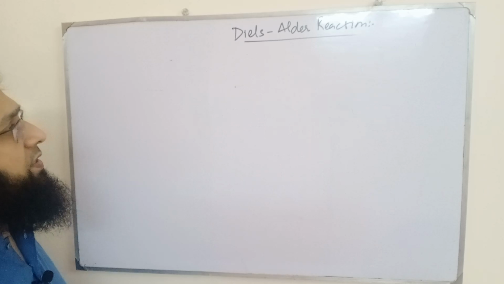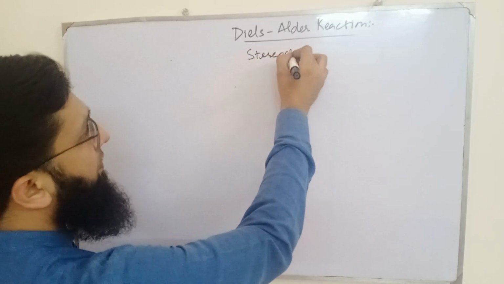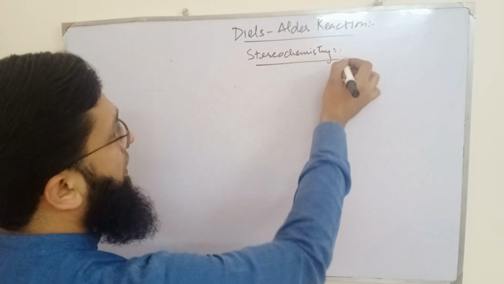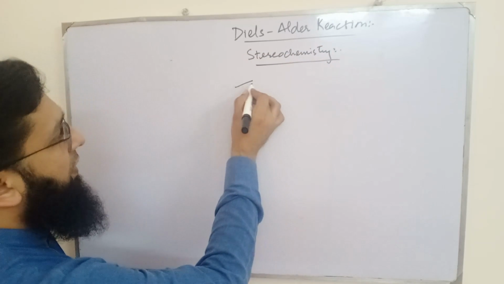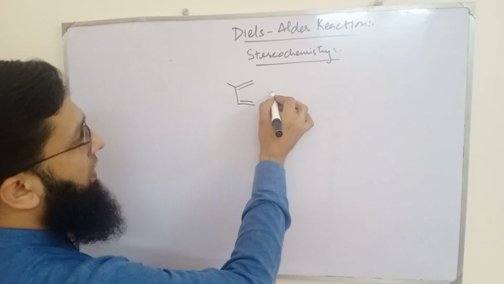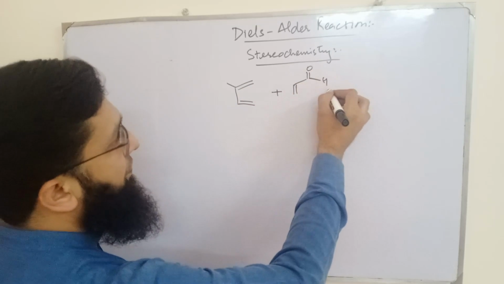Okay, now we discuss the stereochemistry of the products of the Diels-Alder reaction. For example, we have this diene and it is allowed to react with this aldehyde.